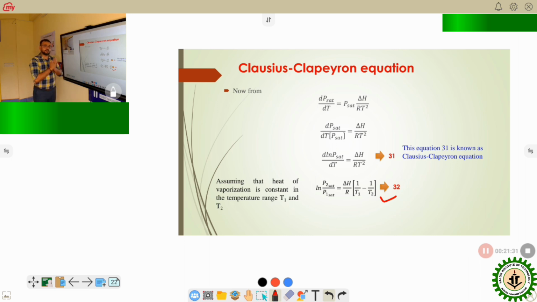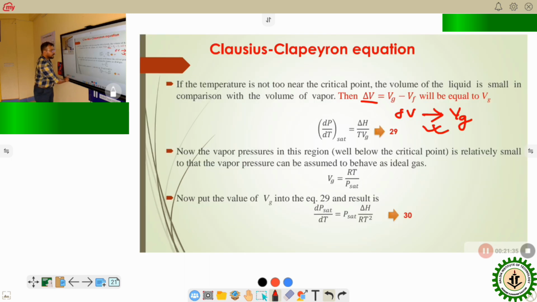Also, regarding the volume change, delta V that I have just discussed, delta V equals Vg, the volume at the gaseous phase, minus Vf, the volume at the liquid phase, where we are neglecting Vf so that delta V is equivalent to Vg.